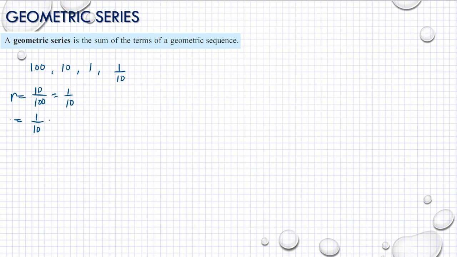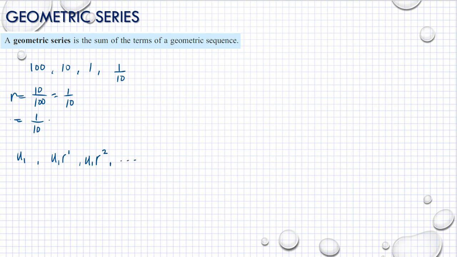Okay, and then we have u sub 1, and then you have u sub 1 r raised to 1. And then u sub 1 multiplied by r raised to 2.